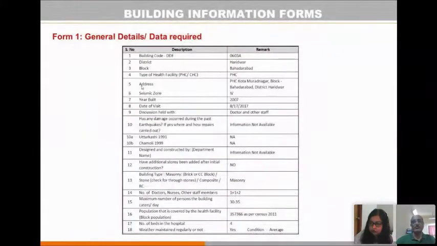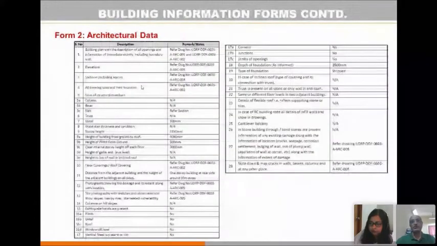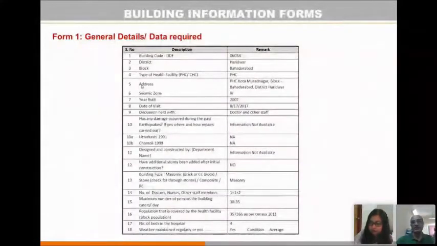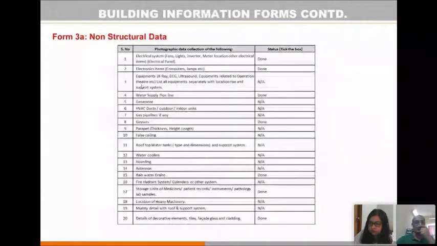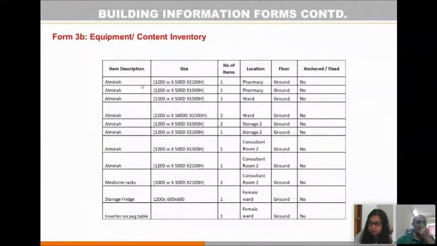This is the standard format we normally use to capture the information from the site, which comprises the general information, general data about the building, architectural data, non-structural data, and equipment and contents, which includes additional loading such as water tanks and other things. In fact, hoardings and other things, which are most of the time mounted on the buildings, should also be taken into account.